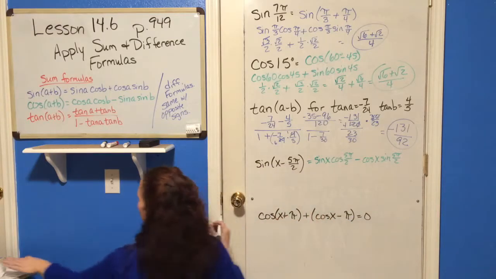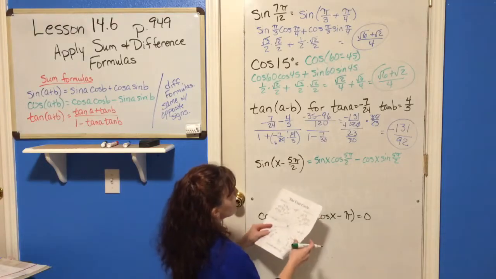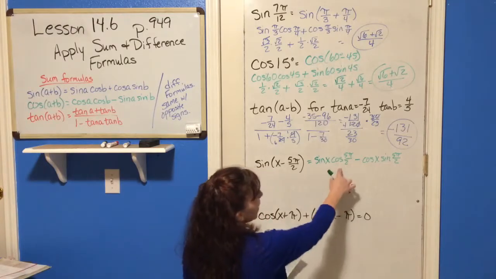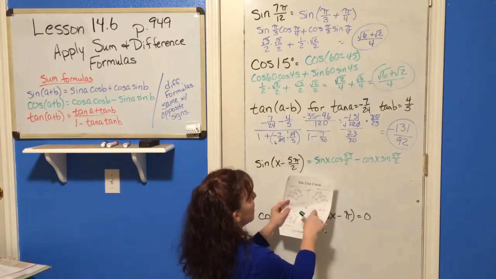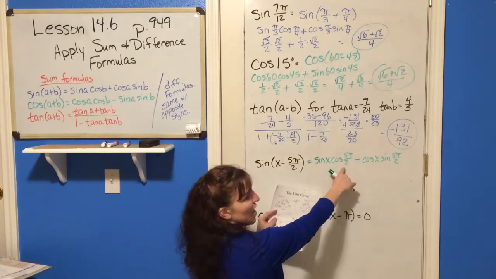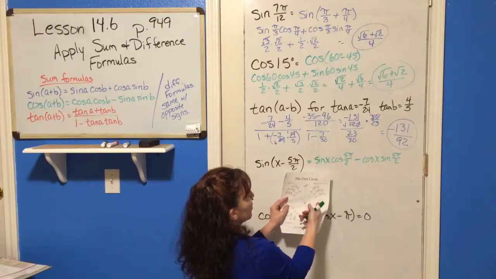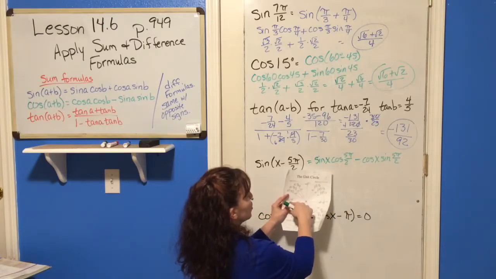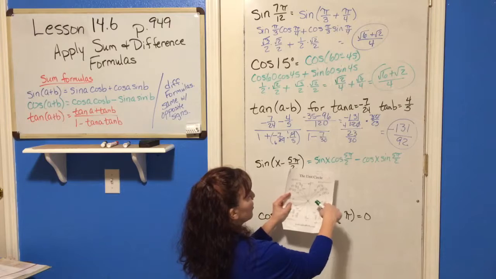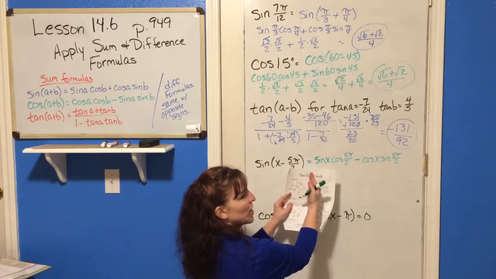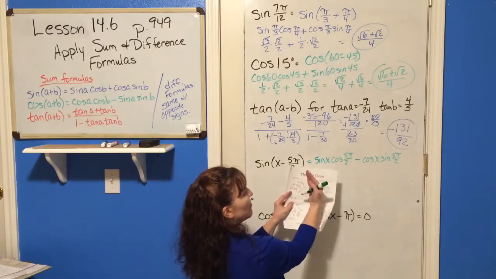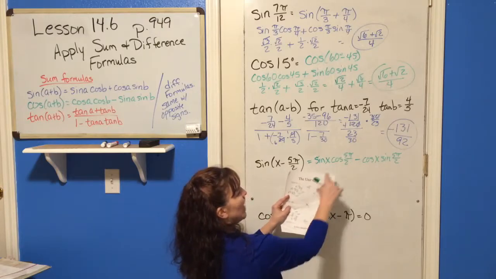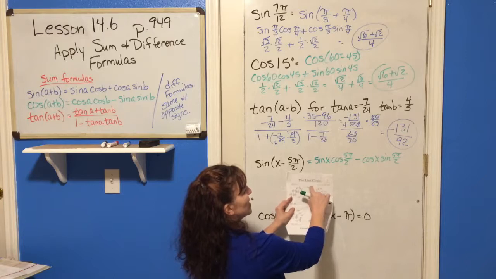Once you get this, use your handy dandy little circle to say that 5 pi over 2, but 5 pi over 2 isn't on here. Well, let's look. Over 2, those are the halves. So halfway, there's 1 pi over 2, 2 pi over 2, 3 pi over 2, 4 pi over 2. 5 pi over 2 is straight up and down again. So it's the same as pi over 2, and the cosine of that is 0.